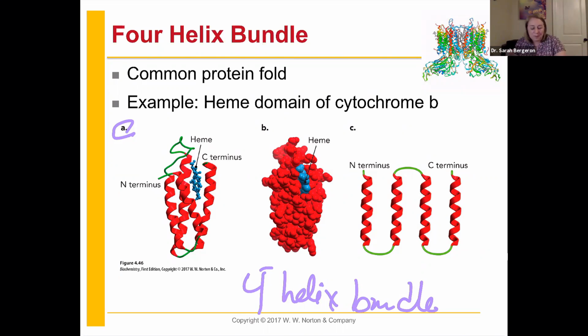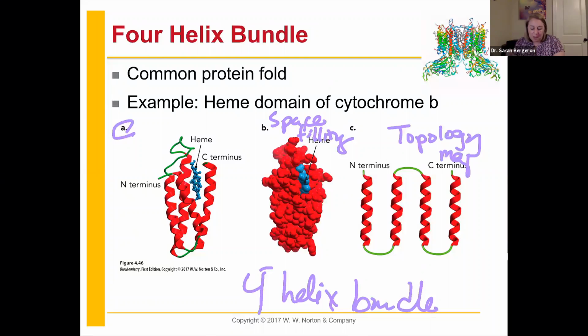And if you do a space filling, so B is space filling. So if you look at all the atoms and where they're taking up space, you can't really see the helices, right? But you can see those helices are packed in very, very closely, and that heme fills the only little pocket there was. So if you want to know how that's really organized, what you really want to look at is a topology map.